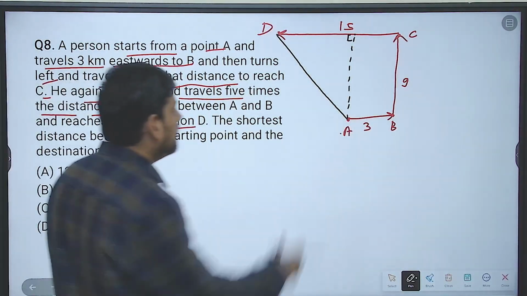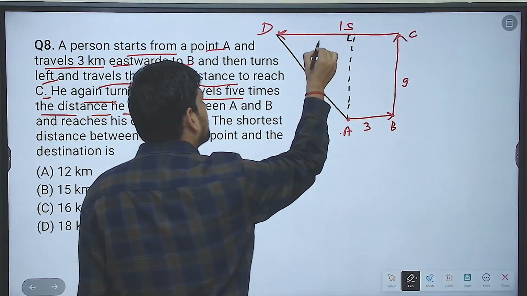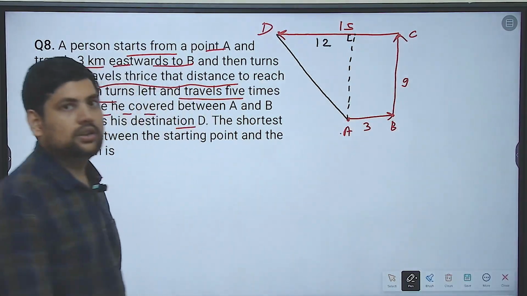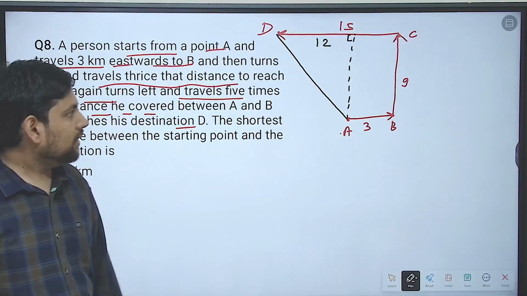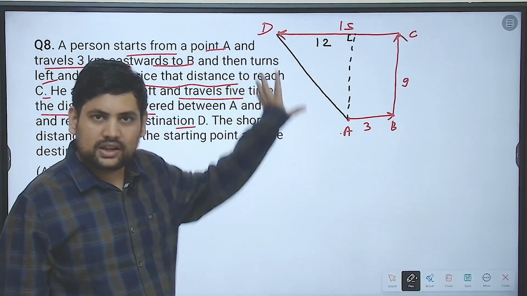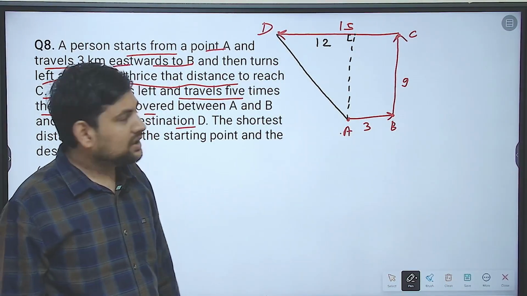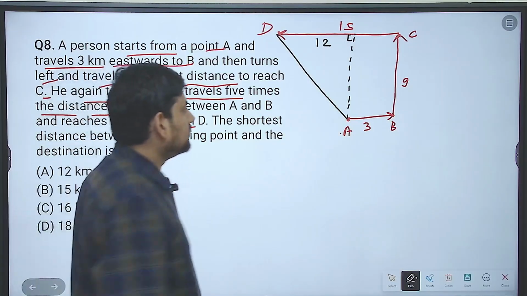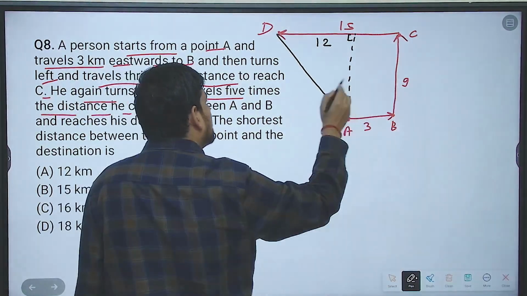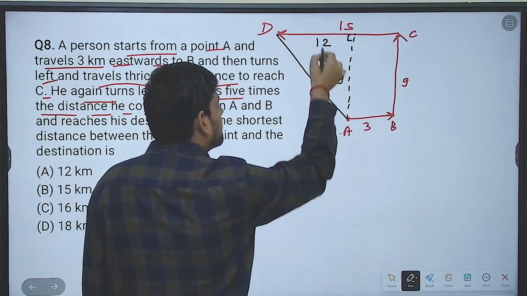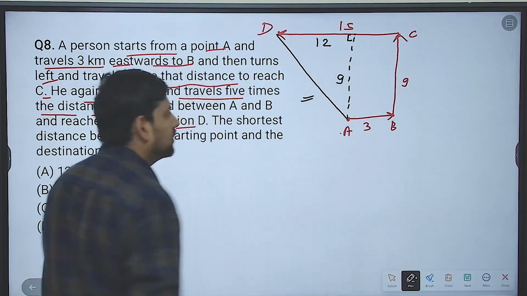Now see, if this whole was 15, this is 3, then what is this length? This is 12. Correct? Whatever I write inside is for the lengths of these triangle sides. So this is 12. Then next, if this is a rectangle, this is 9, so this is also 9. Now this is 12, this is 9. This length you have to calculate.